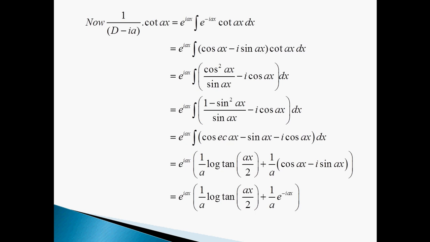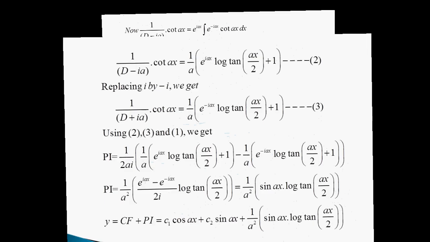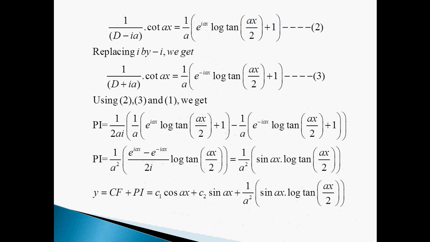After calculation we get e to the power iax into [1 upon a log tan (ax by 2) plus 1 upon a into e to the power minus iax], which is our required solution of 1 upon (D minus ia) into cot ax. Now we multiply e to the power iax inside the expression, we get 1 upon a e to the power iax log tan (ax by 2) plus 1. We suppose that it is the second equation.